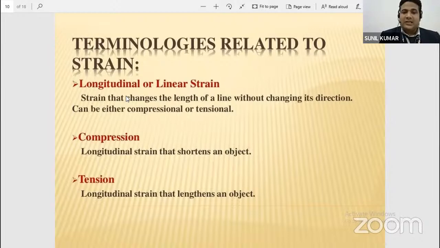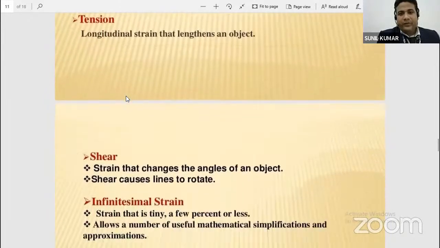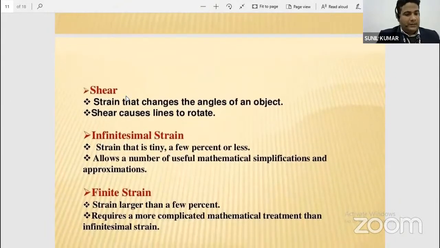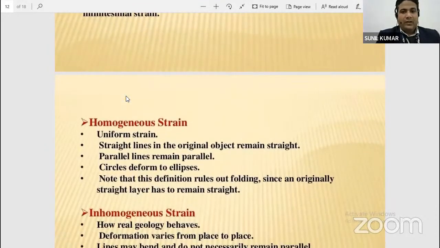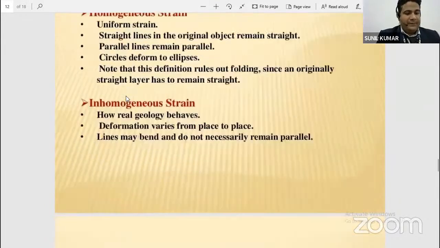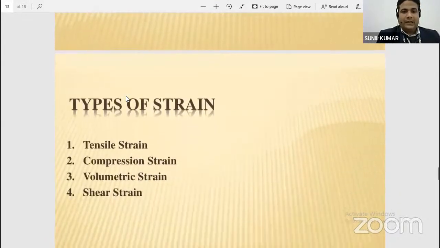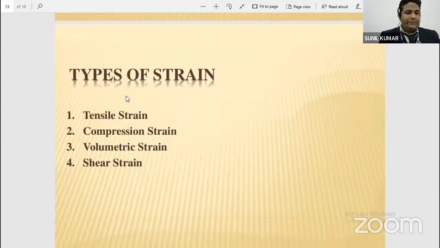Then tensile longitudinal strain, where the object is under tension. Then some more terms: shear, infinitesimal strain, finite strain, homogeneous strain, inhomogeneous strain. Coming directly to the types of strain: tensile strain, compressive strain, volumetric strain, shear strain.